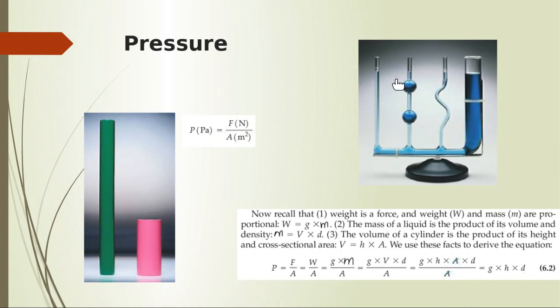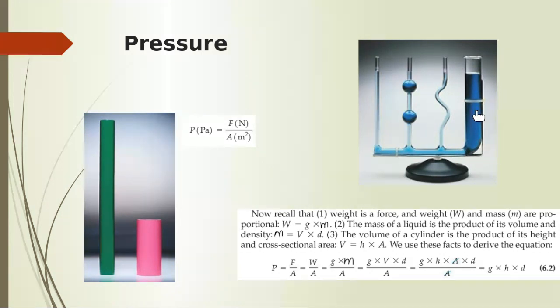Look at that picture. All of these columns are filled with the same liquid, so the density of the liquid is the same, the gravity is the same, and the height is the same. So the liquid pressure is the same for that one, that one, that one, and that column.